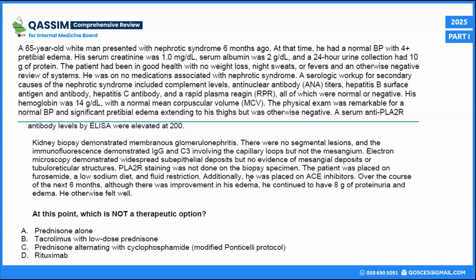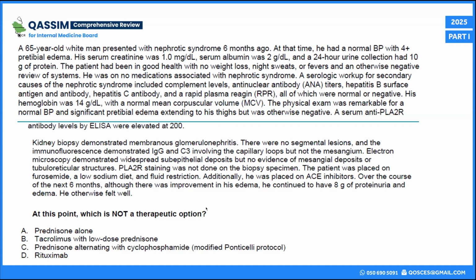The patient was placed on ACE inhibitor, as we said. You have to start ACE inhibitor for the patient over the course of the 6 months. There was improvement in the edema, but he continued to have heavy proteinuria. So we started the patient on conservative treatment, but again, he's having heavy proteinuria despite conservative treatment. He presented again to the clinic after 6 months with 80 grams.